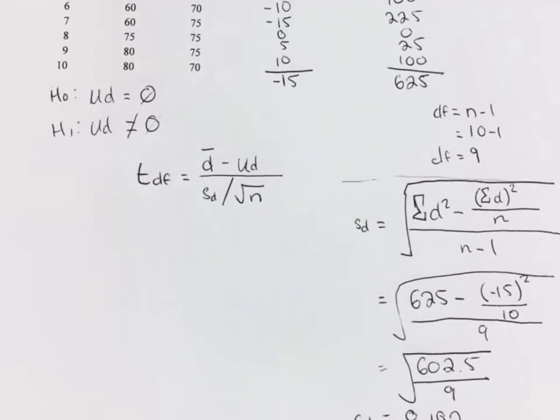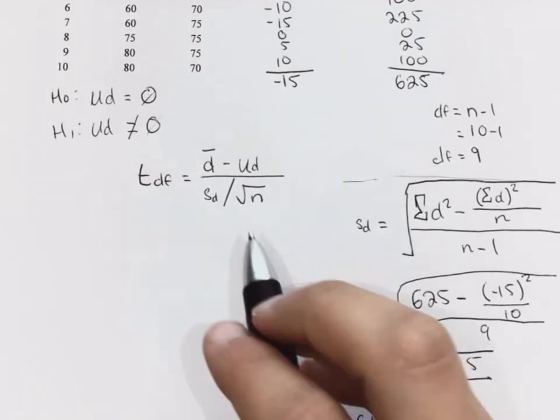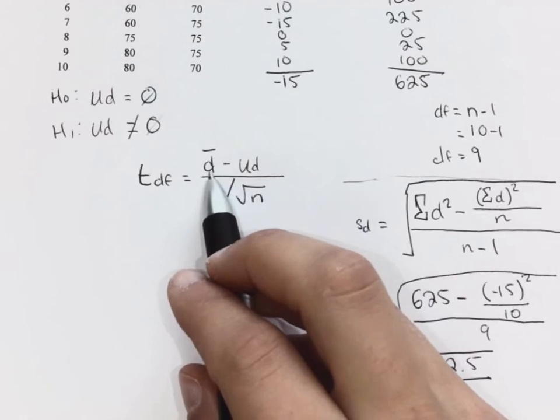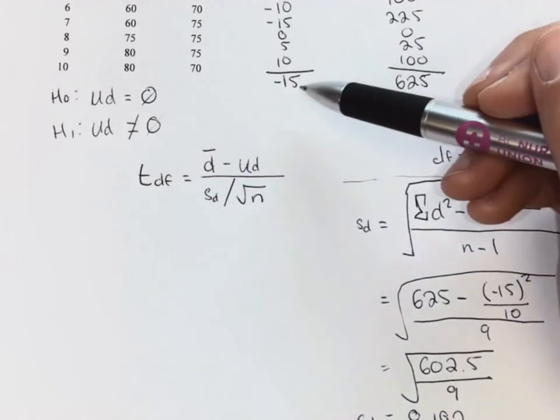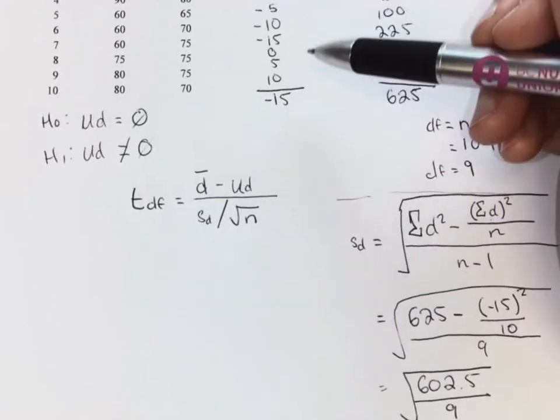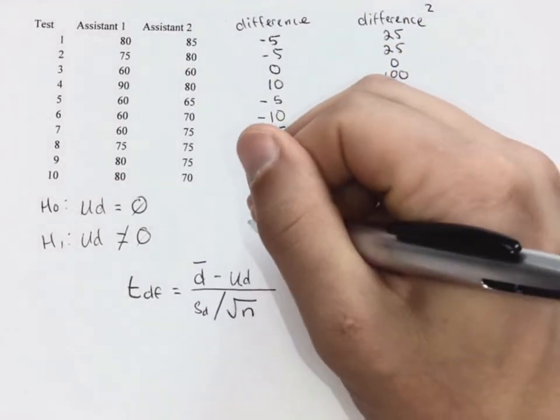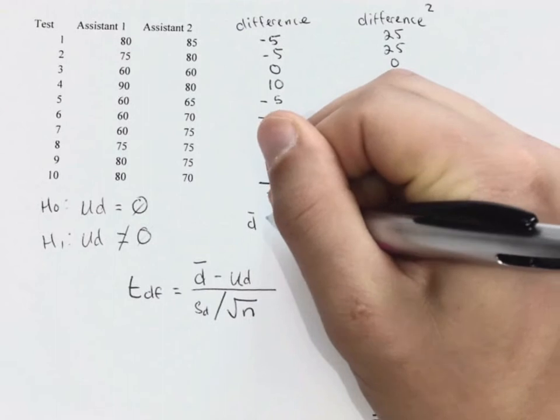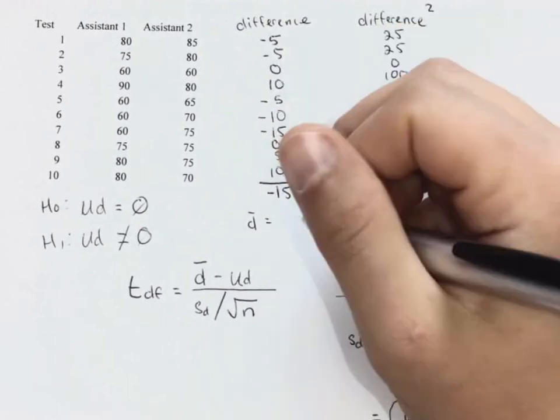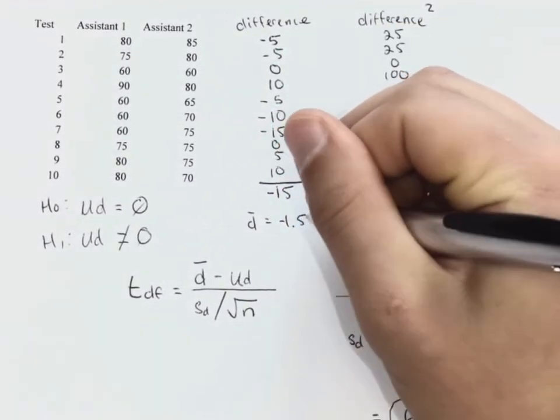Okay, we now need to get our mean of the difference. We had negative 15 and we had 10 observations. So our mean of the difference would be negative 15 divided by 10, negative 1.5.